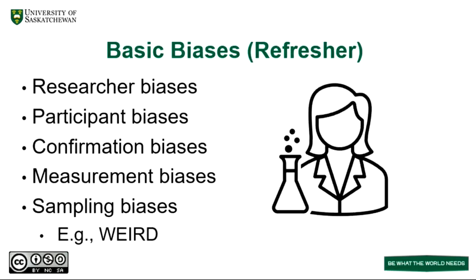So when we're talking about biases, for instance, this is a very basic refresher. There might be some researcher biases, some participant biases, confirmation biases, measurement biases, and sampling biases.